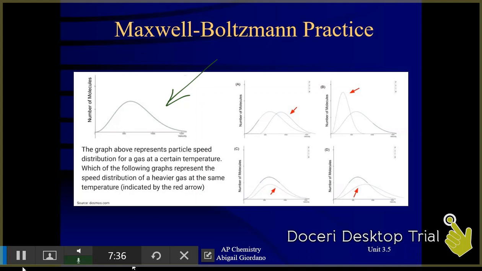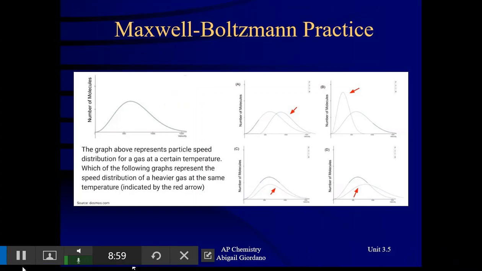Heavier gases move on average at a slower speed. Smaller gases, again, I'm looking at my noble gases like helium, on average, move much, much faster, much higher speeds. So molar mass has an effect here. A heavier gas like radon is on average going to move at a slower speed.